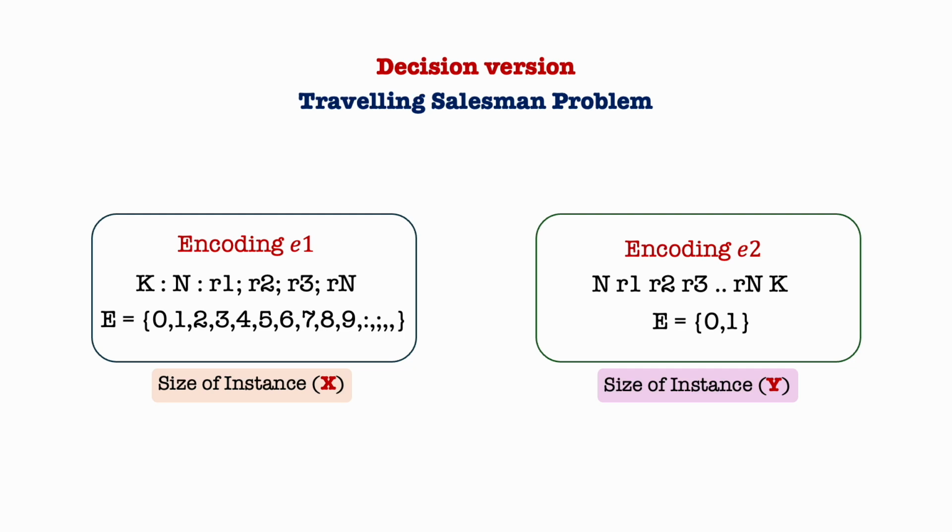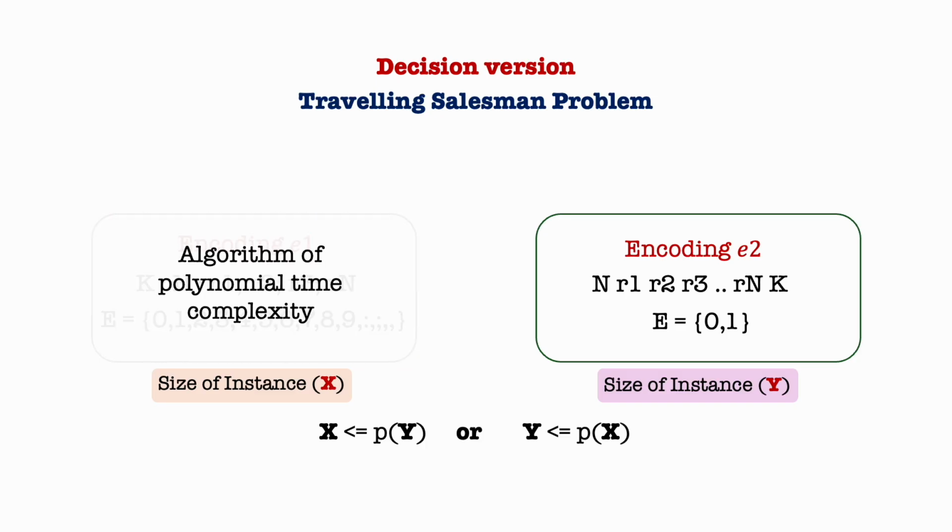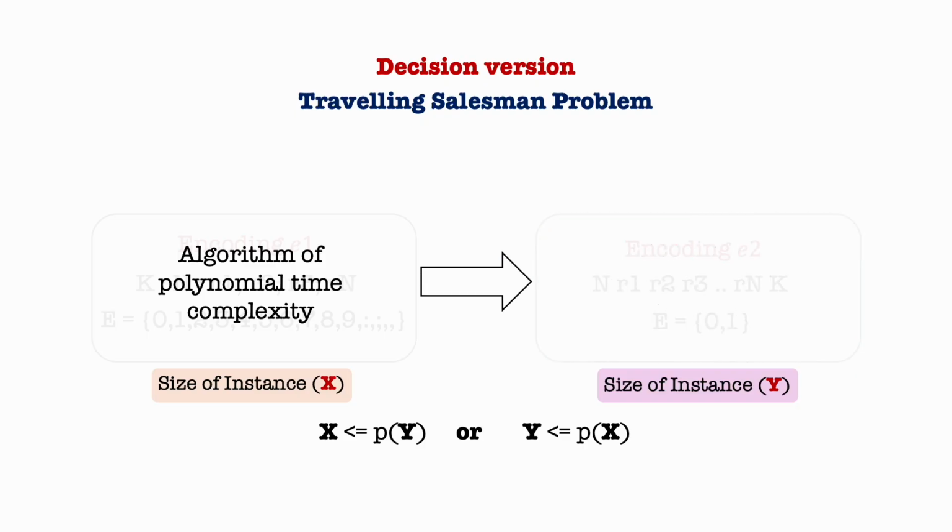If the size of an instance under one encoding scheme can be expressed as a polynomial function p of the size under the other encoding scheme and vice versa, then if there exists an algorithm of polynomial time complexity for the problem using the former encoding, an algorithm designed using the latter encoding scheme will also have polynomial time complexity.